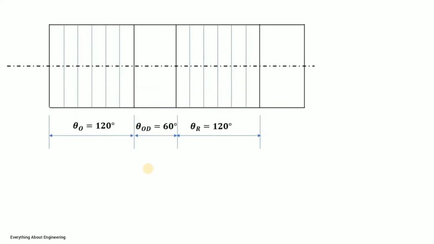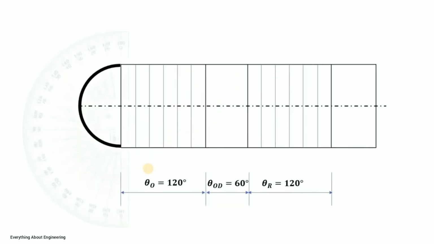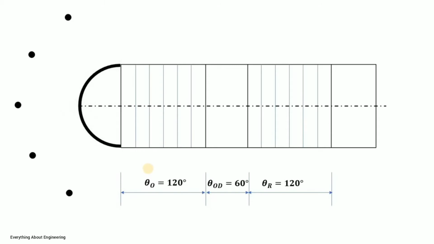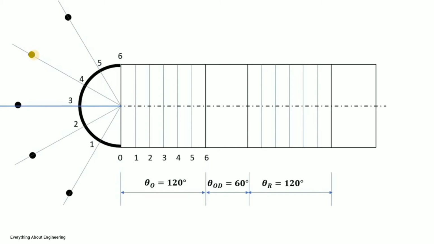Draw the center line. As it is a simple harmonic motion, divide this semicircle into 6 equal parts. So it is 180 divided by 6, that is 30°. Mark the angles of 30° over here. Draw the lines passing through these. Mark these 1, 2, 3, 4, 5 and 6.